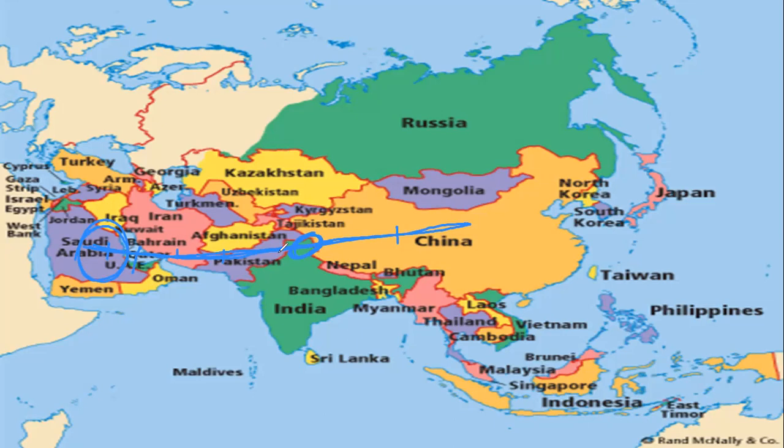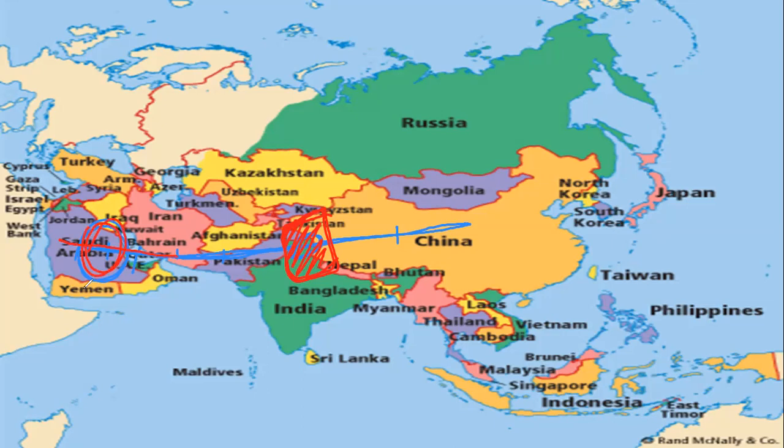This is because of altitude. The region that lies here, the Himalayas, they are at a very great height. This is the reason why, despite being at the same latitude as Saudi Arabia, Kashmir has a cold type of climate.